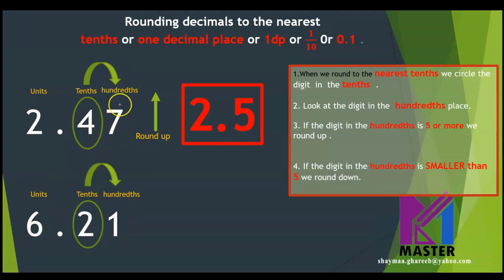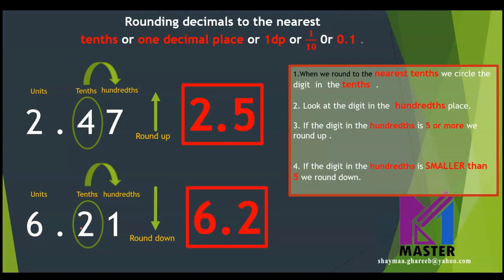So if the digit in the hundredths place is 5 or more, we round up. If the digit in the hundredths place is less than 5, I'm going to round down, which means the 2 tenths will stay as it is without any changing, so it will be 6.2.